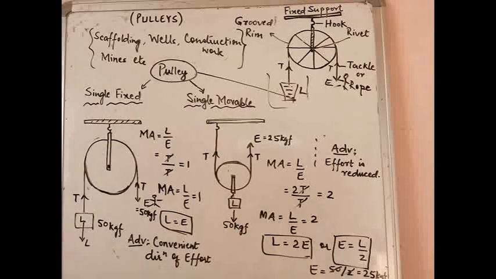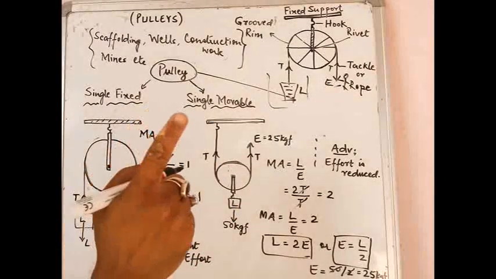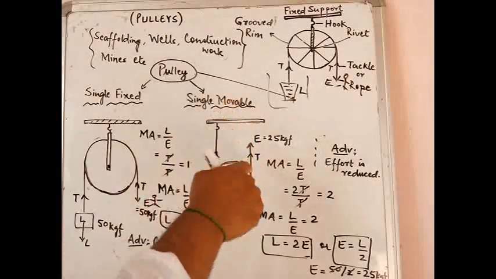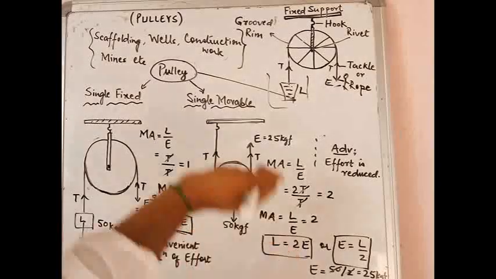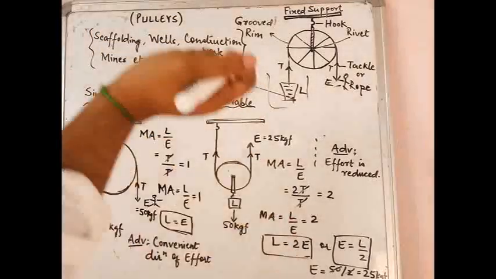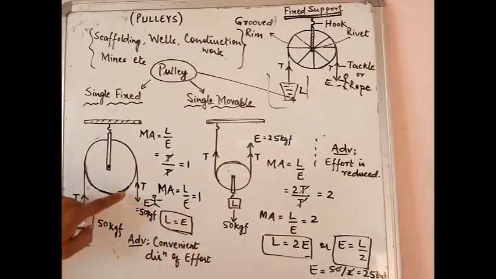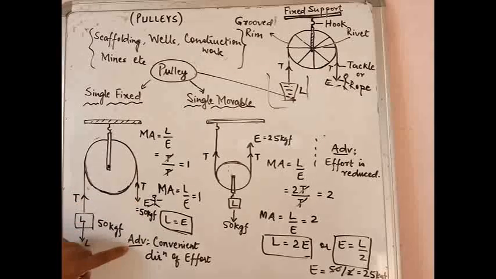Now can you think of a disadvantage also in this particular case? Yes, the disadvantage over here is exactly what you were thinking. The effort is being provided in an upward direction. You are pulling the load in an upward direction, which is always difficult. If you compare this with the single fixed pulley, what was an advantage over there becomes a disadvantage over here.